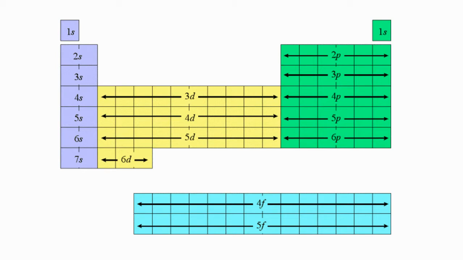And you can see that these numbers correspond to the periods of the periodic table. And remember, the periods are just going to be our rows going across. So the first one on top is the first period, and we can also think of this as corresponding to the first energy level. Remember, as you get farther and farther away from the nucleus, your energy level is going to increase, and you're also going to have more energy associated with those electrons.